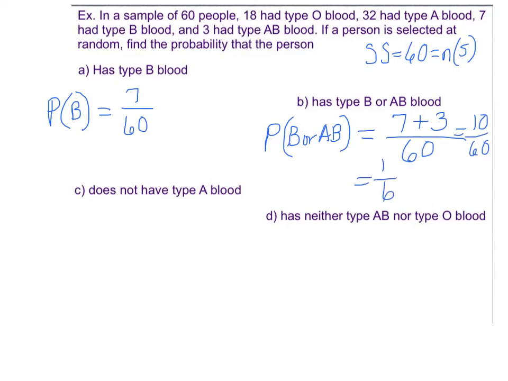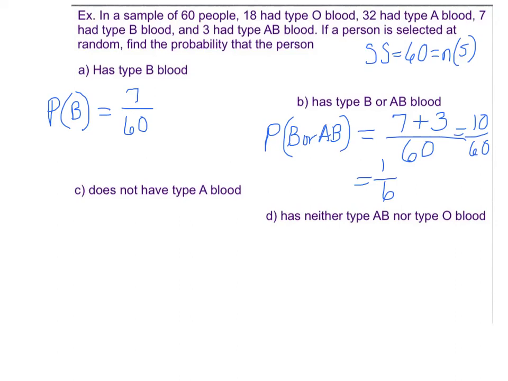So that's the probability. If they do not have A blood, then that means 2 things. It means they have either O, B, or AB. So you could take those 3 things and add them up. Or you could just find type A blood and subtract that probability from 1 and get the same thing.